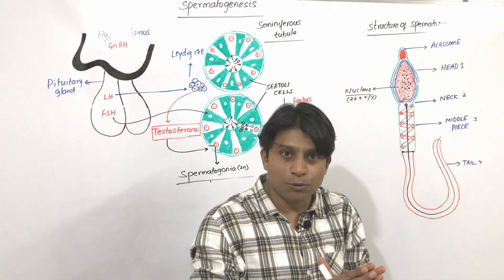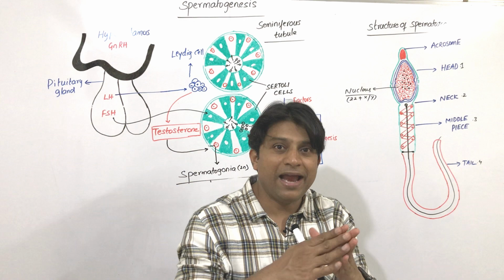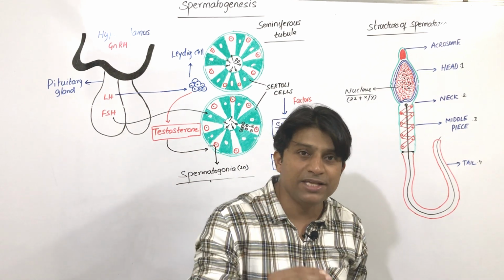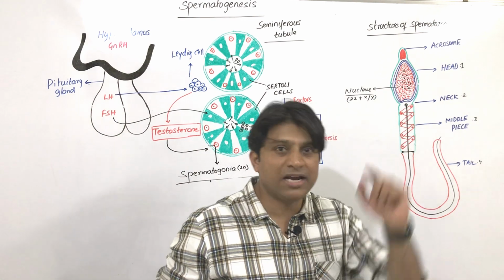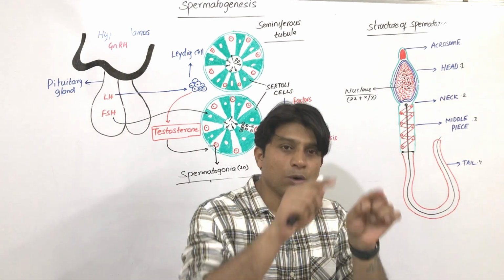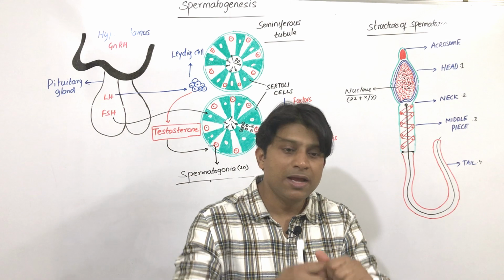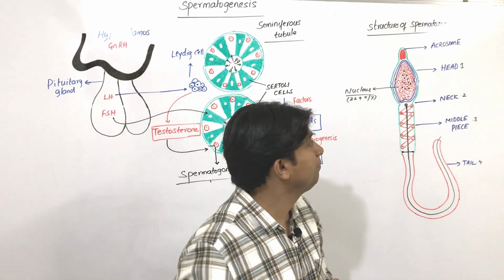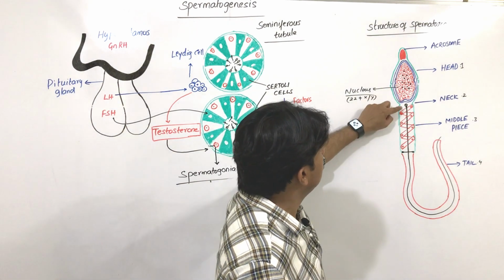Acrosome has several lytic enzymes which are very important for fertilizing the ovum. They help in dissolving the membranes around the ovum, and they help in penetration of the spermatozoa into the ovum.